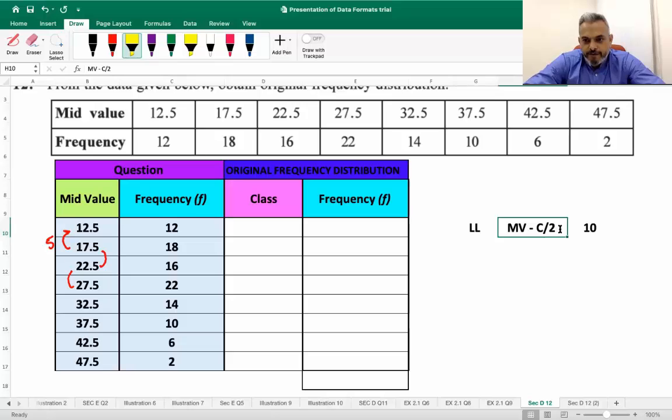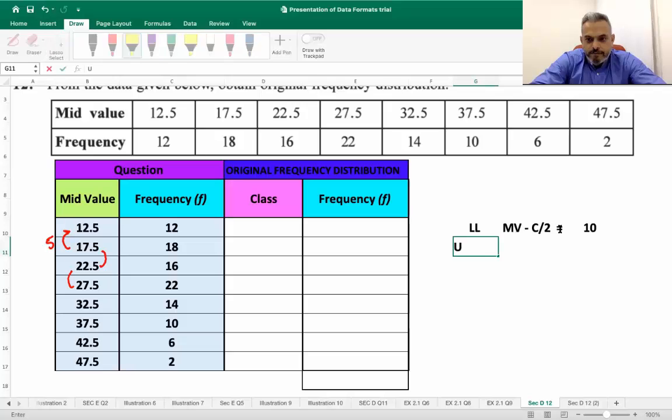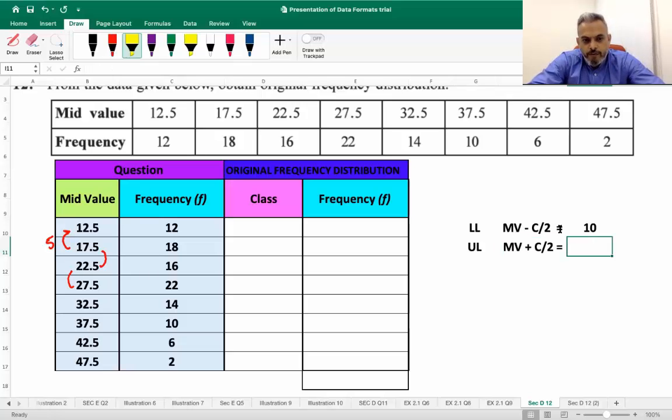So nothing to worry, simple now. Upper limit is equal to mid value plus class length divided by 2, which is equal to 12.5 plus 2.5, that is 15. So we get the first class 10 to 15, then 15 to 20, then 20 to 25.